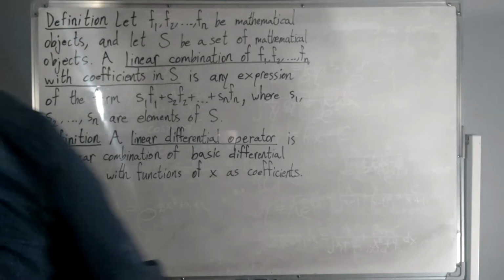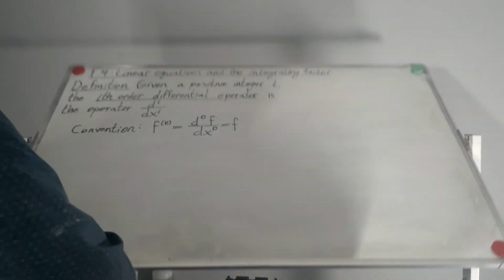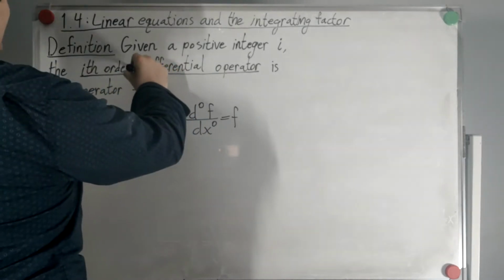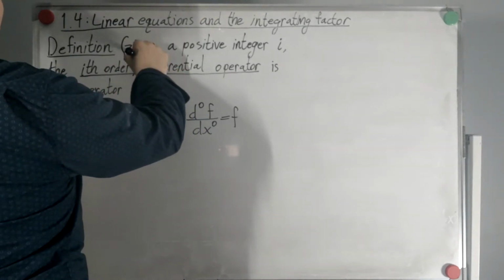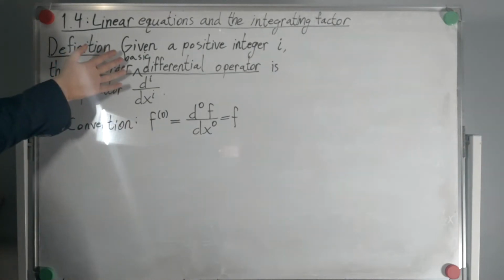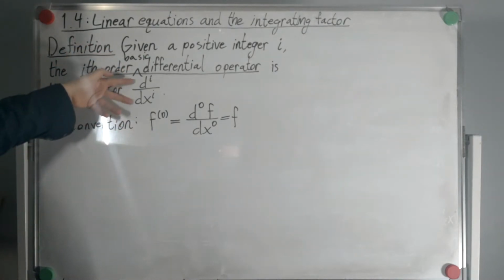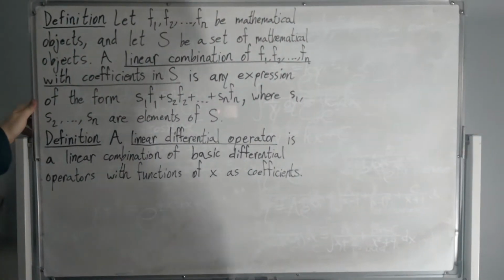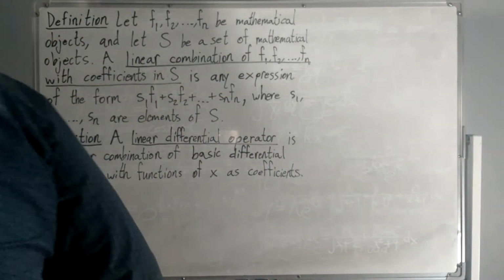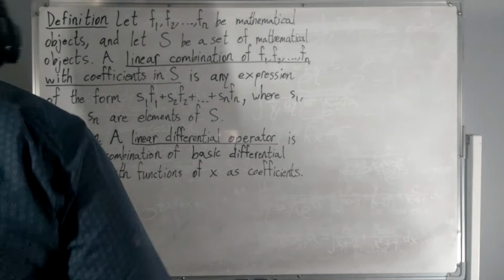So again, oh, this should say ith order basic differential operator. Sorry about that. So a basic differential operator is just take the ith derivative. A linear differential operator is when I say, all right, take a linear combination of those operators.